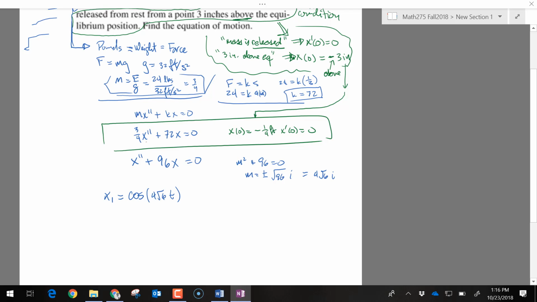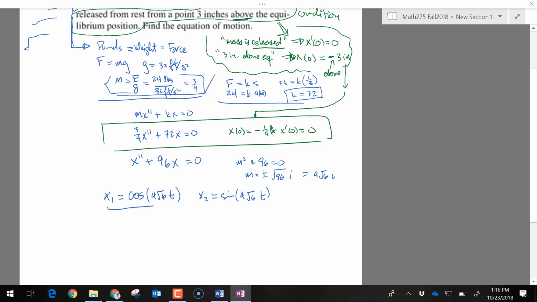This x prime is actually dx/dt, and x double prime is d2x/dt squared. And then your second one is going to be sine of 4 root 6 t. So 4 root 6, by the way, is your omega. If you square that, you get 96. That's why they use omega squared, so that the omega is actually identified.